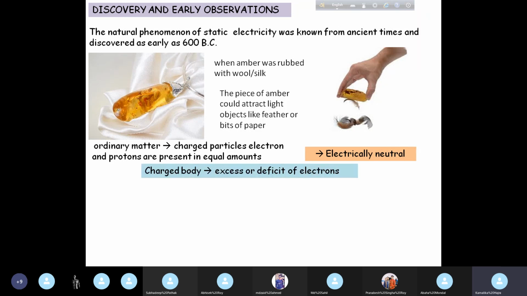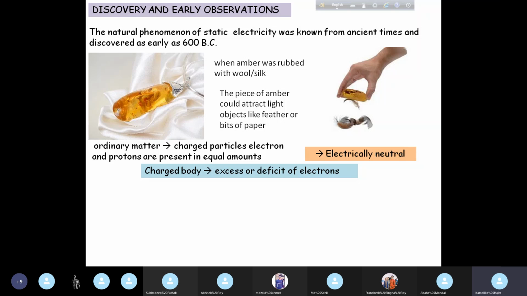Now, if a body is charged, as we can see here in the amber case, since it is attracting the feathers, and there is no magnetism here, there must be something else which we are calling charges. So when it is charged, then there must be some excess or deficit of electrons. Now I'm not saying excess or deficit of positive or negative charges because it cannot be protons.